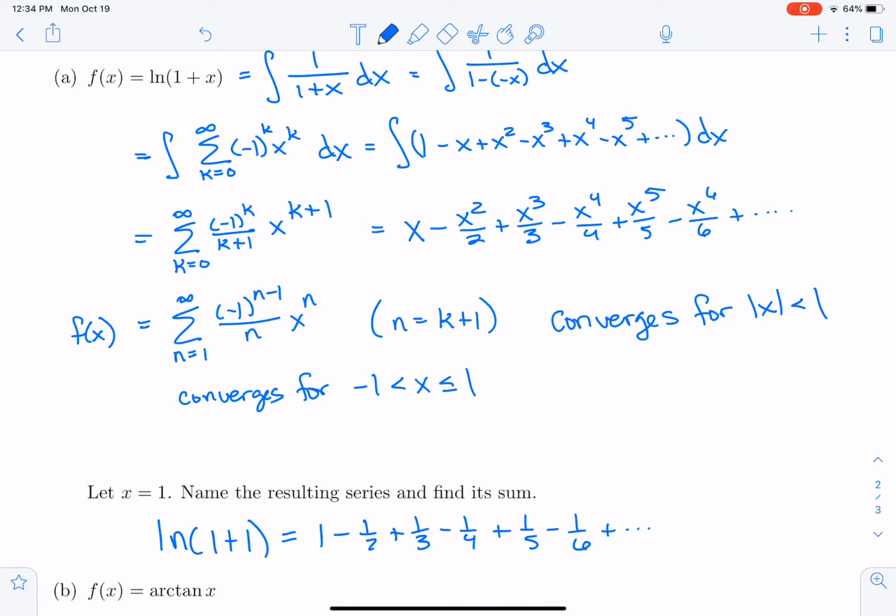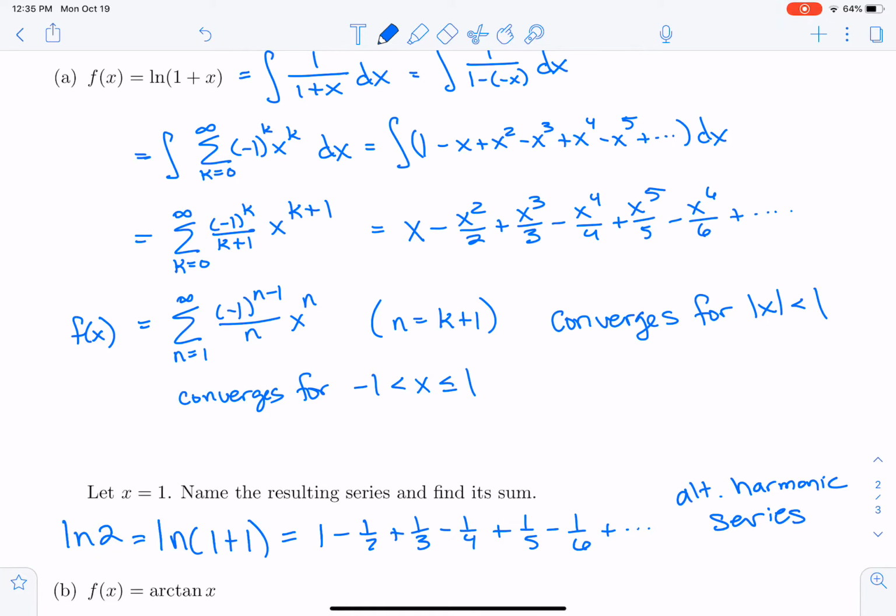And you might recall this is the alternating harmonic series, which we showed converges in an earlier lesson. In fact, we showed that this series converged to about 0.693, but now we know that that decimal approximation is the decimal approximation of natural log of 2.